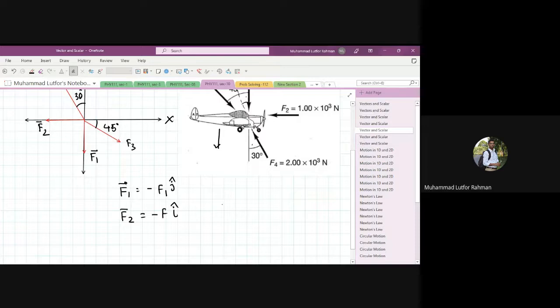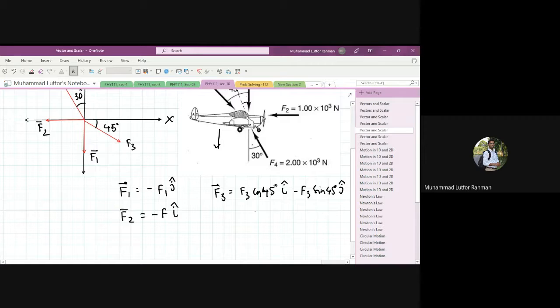Now what about F3? F3 would be F3 cos 45 i hat, since it creates an angle of 45 degrees with the positive x-axis, minus F3 sin 45 j hat. Do you understand this, the split of the vector or the components of the vector I wrote in that way? Is that okay for you?